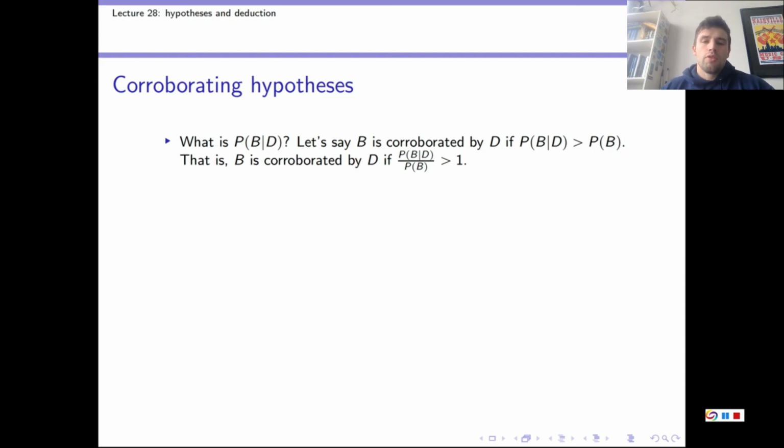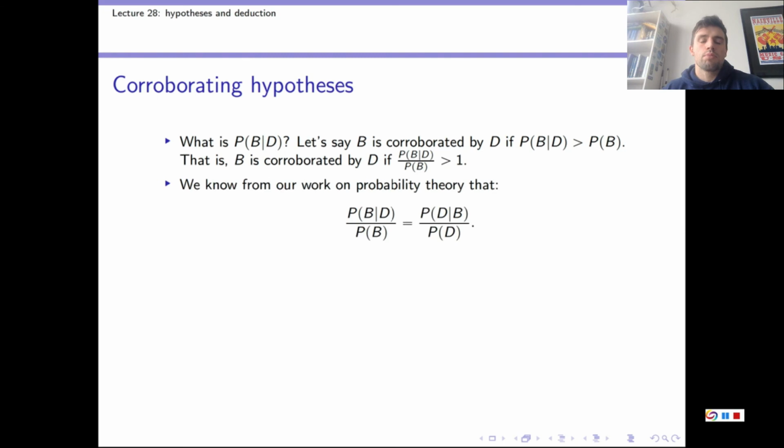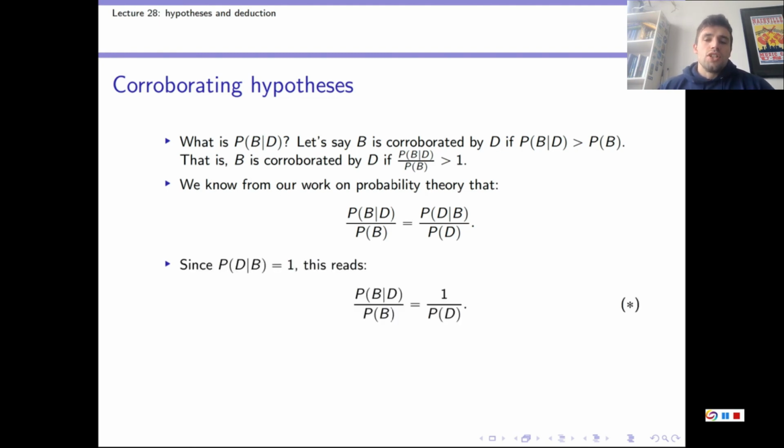But what do we know from probability theory? Well, probability theory tells us that P of B given D over P of B equals P of D given B over P of D. And since we deduced D from B, P of D given B is 1.